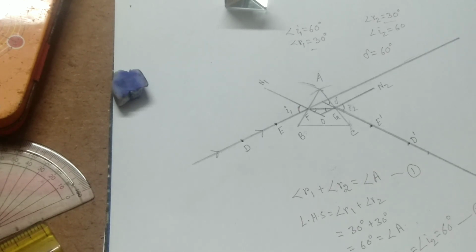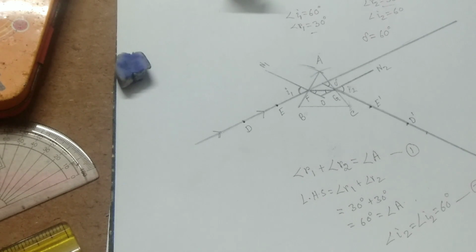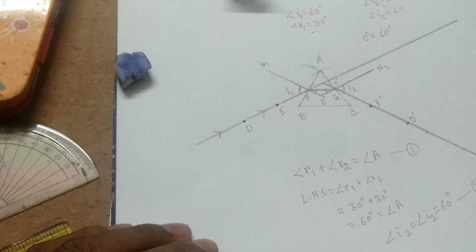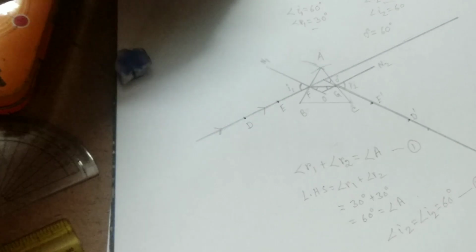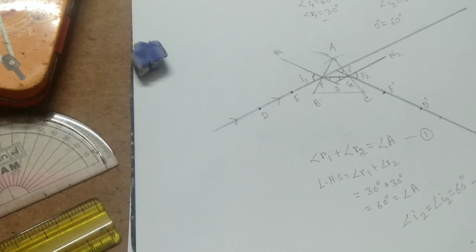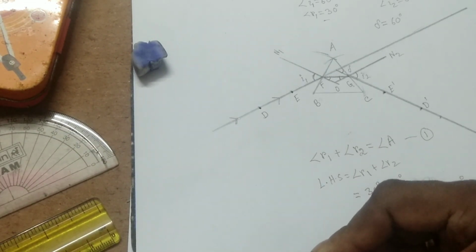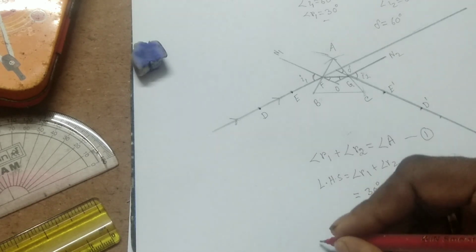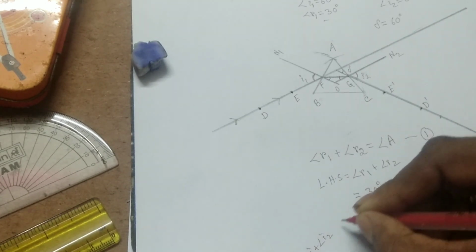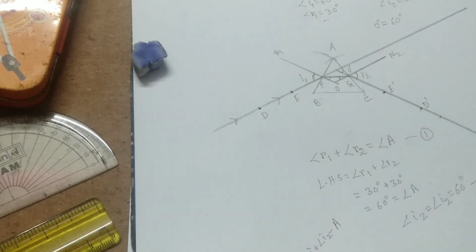Right? Now you know the third result, the third formula, that is angle of deviation. We know that angle of deviation del is equal to angle I1 plus angle I2 minus angle A. Let us check whether this theory also applies here or not.